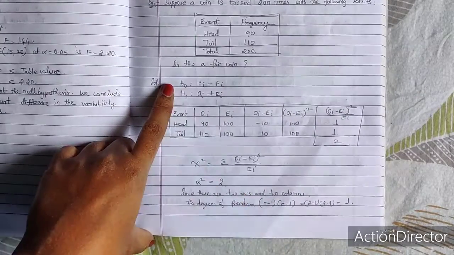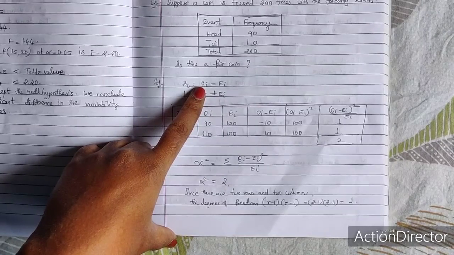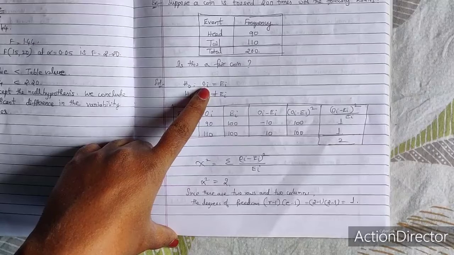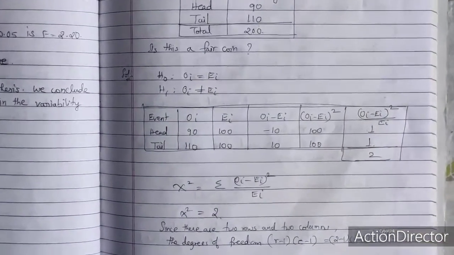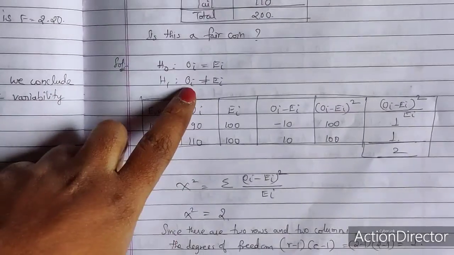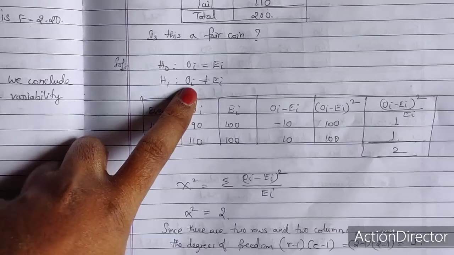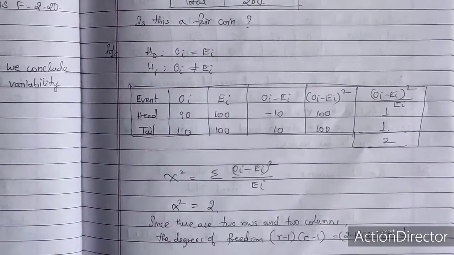First, formulate the null hypothesis: there is no difference between the observed and expected frequencies, that is Oi is equal to Ei. The alternative hypothesis is that there is a difference between the observed and expected frequencies. And this is the table we have to formulate.